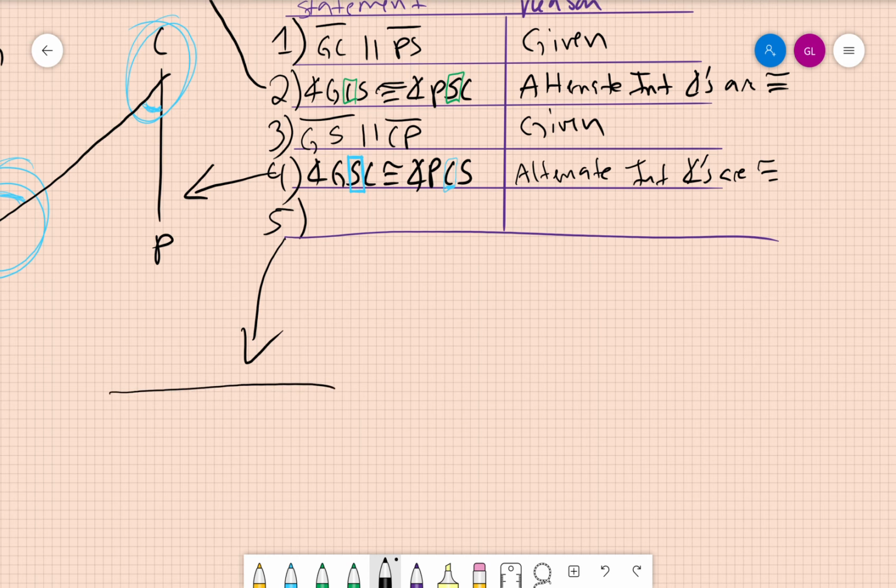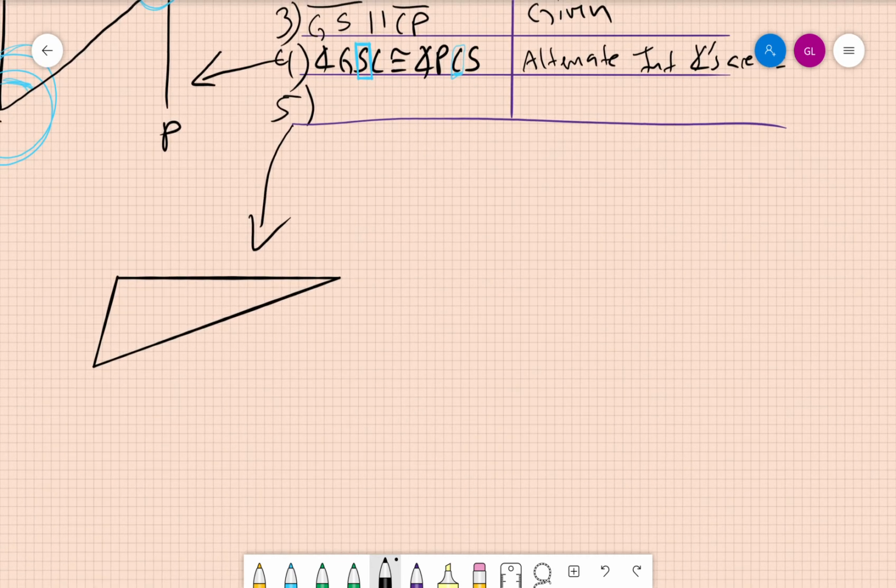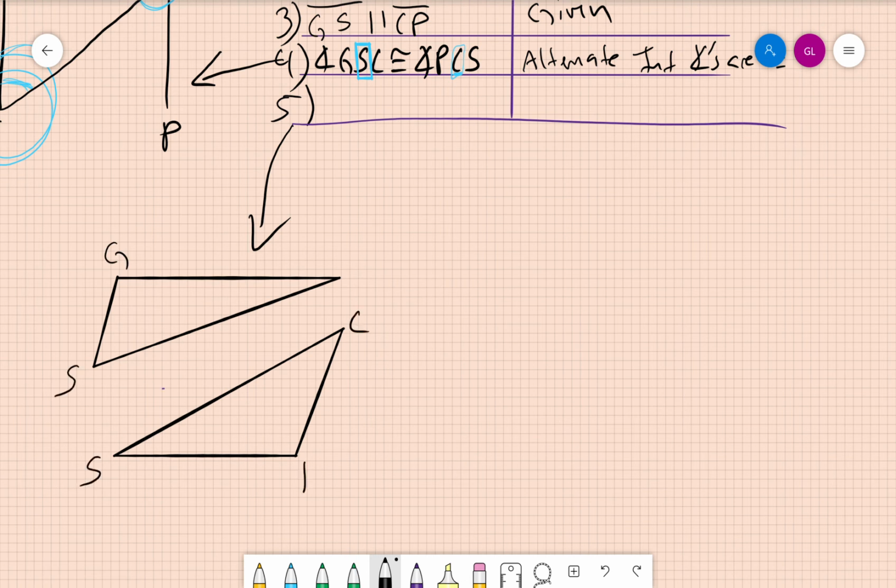We have this. And then now, let me see if I have this, and then this, and this. Okay, that was nice. So we have G, S, S, C, P, and this is C. So we see CS is going to be the same in both triangles.